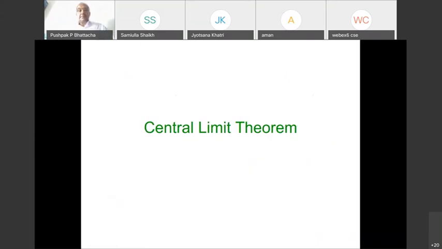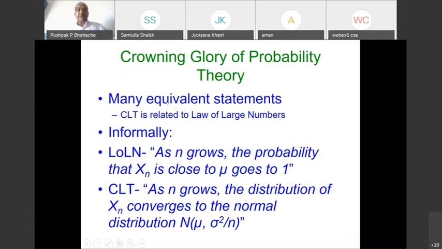Now we come to the central limit theorem, which we have been using again and again in our discussions. So there are many equivalent statements of central limit theorem. It is called the crowning glory for probability theory, and it has relationship with the law of large numbers. Law of large numbers says as n grows, the probability that xn is close to mu goes to 1.